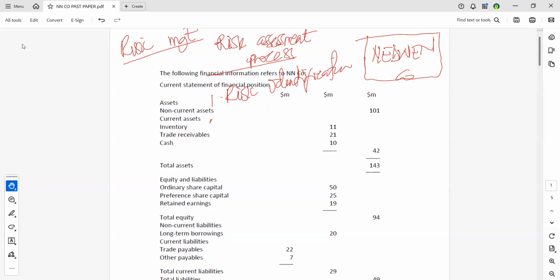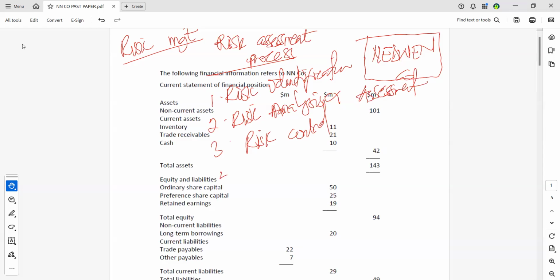Then two, risk analysis and assessment. Then third, we come to risk control. Then fourth, we come to monitoring risks, right? So these are the processes that we tend to go through, right?